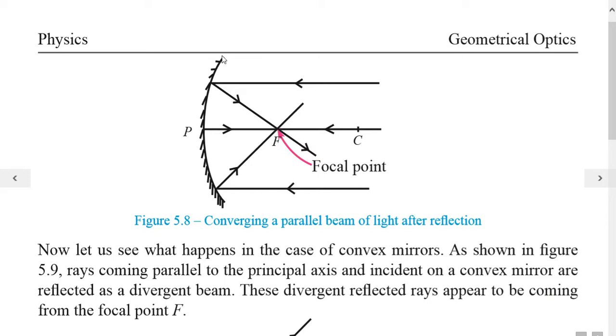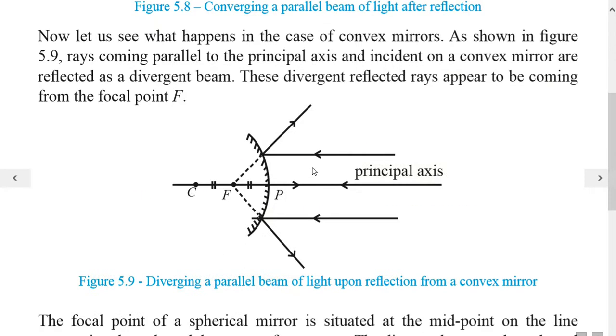Therefore, in concave mirrors, these light rays are reflected as a converging light beam. After the reflection, these light rays meet at one point as a converging light beam. That point is known as the focal point or the focus of this concave mirror.